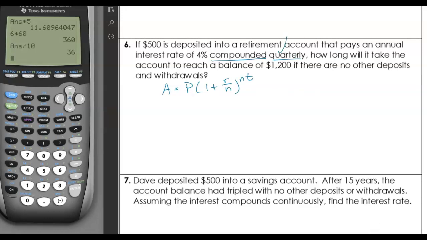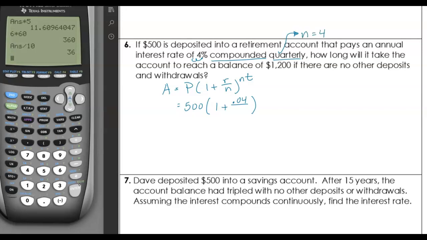Now, what is our N in this formula? What is our N if we're compounding quarterly? How many times a year are we compounding? 4.